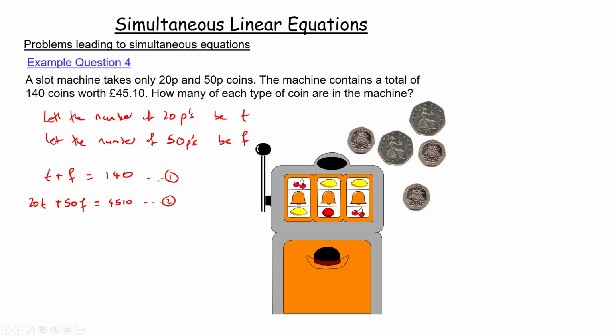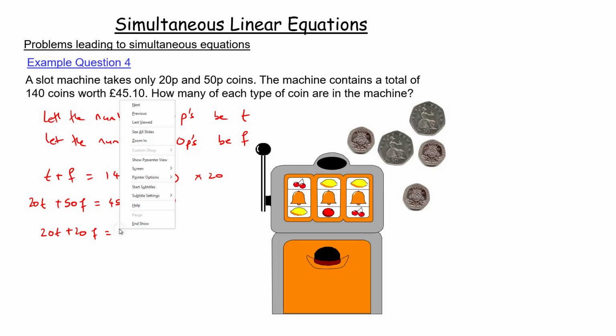Okay. So I'm going to multiply the first equation by 20, so I can get rid of the t's. So that's going to give me 20t plus 20f equals 140 times 20.